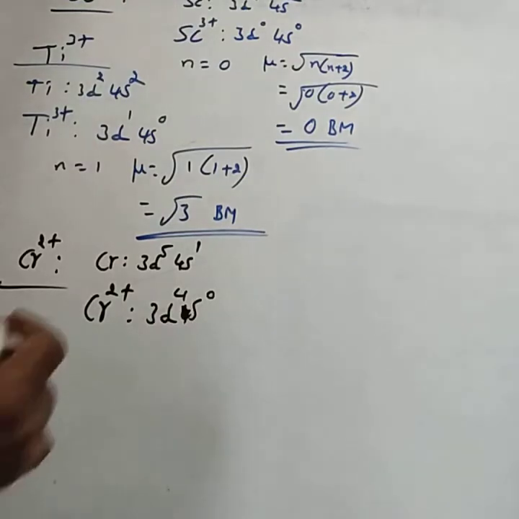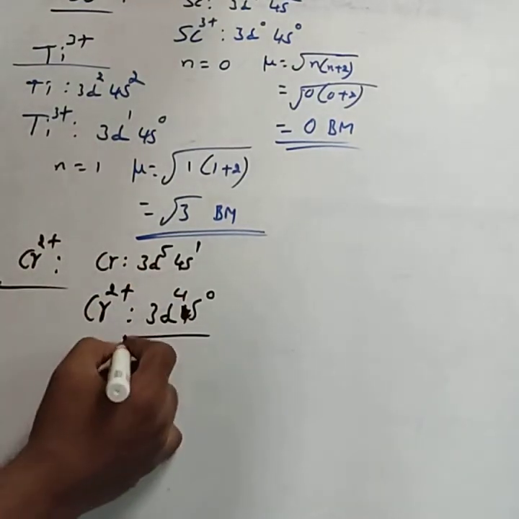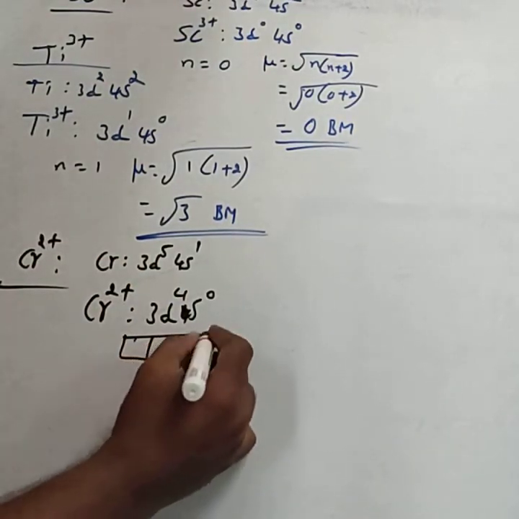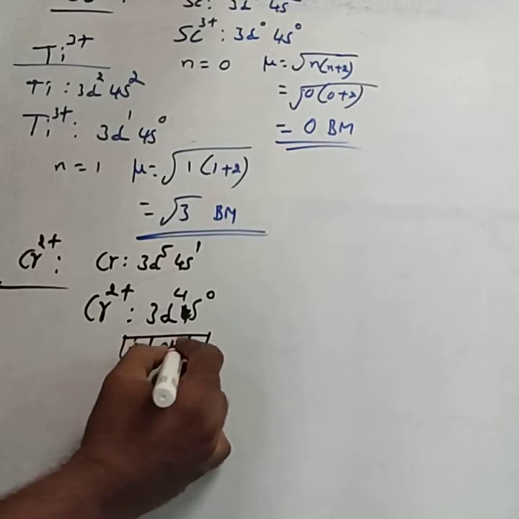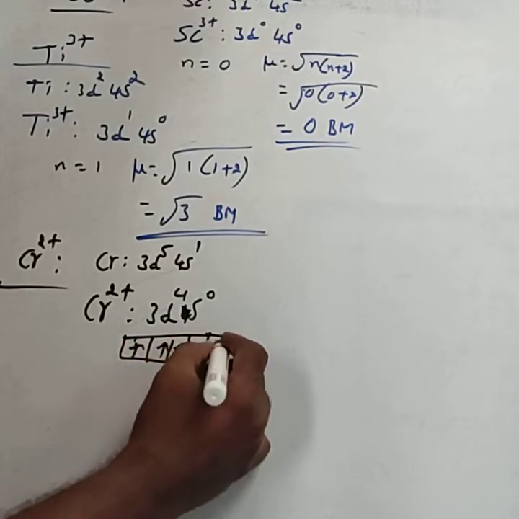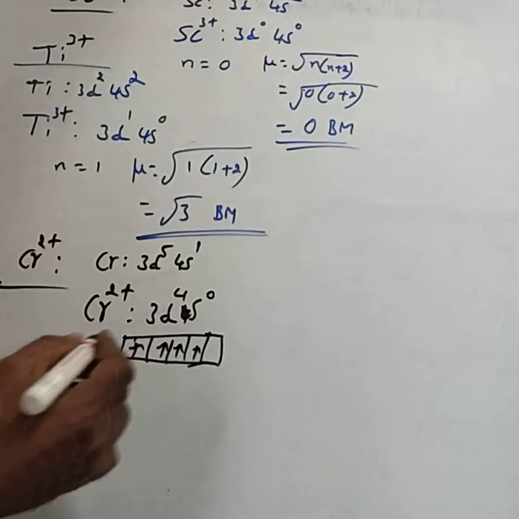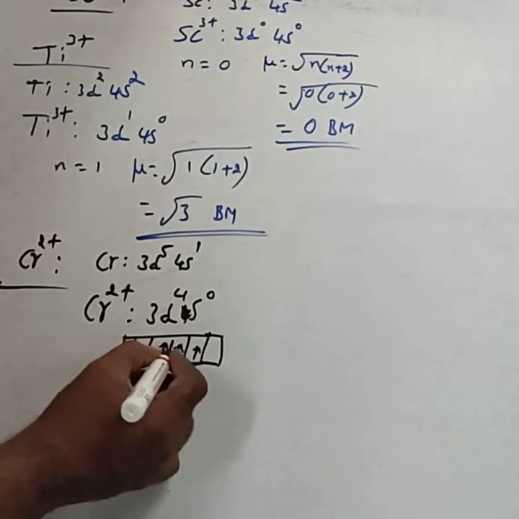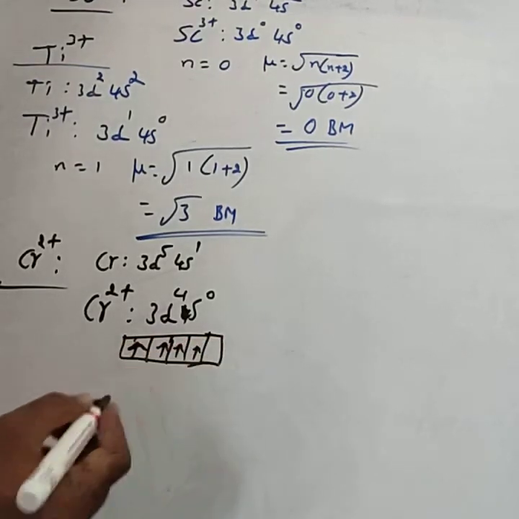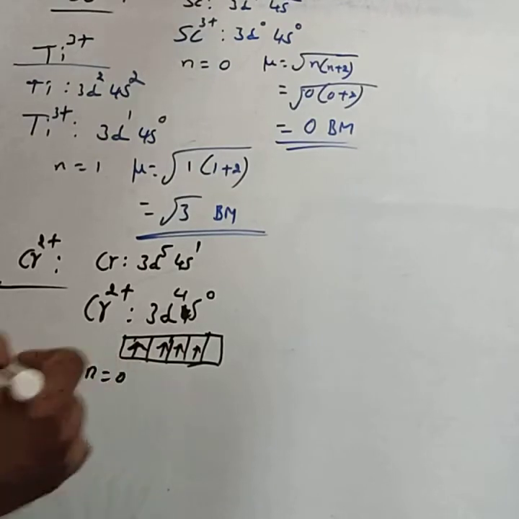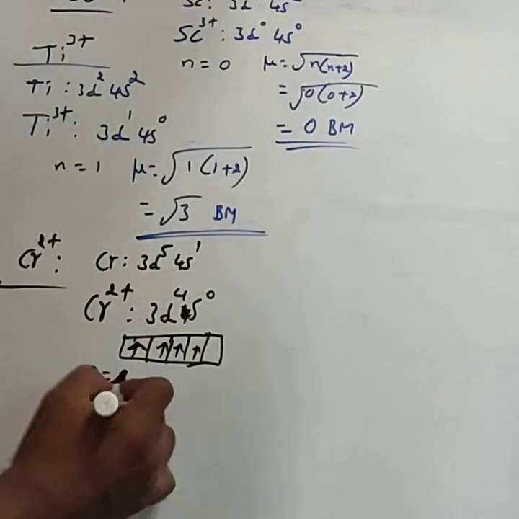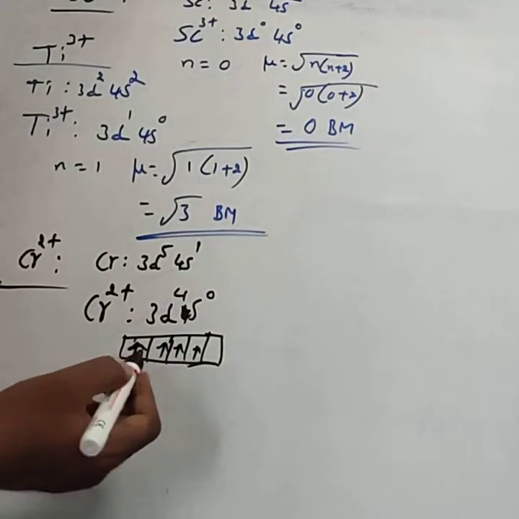For 3d4, consider the box diagram: 1, 2, 3, 4. This is the 3d subshell, which has 5 d orbitals. According to Hund's rule, you fill the electrons. Hence n equals 4, so 4 unpaired electrons.